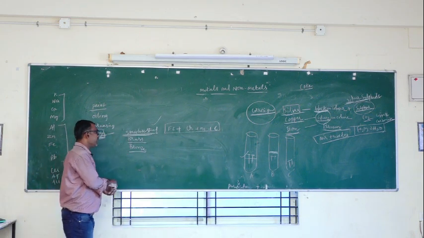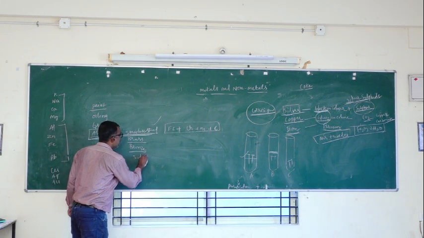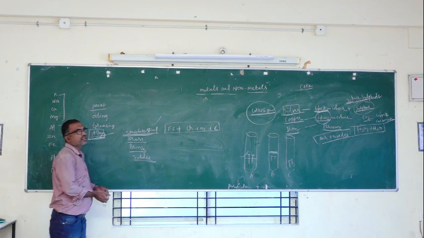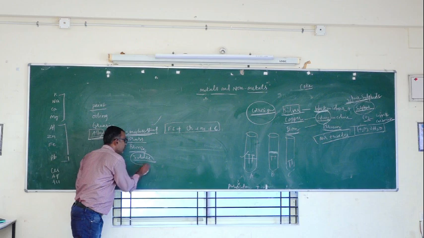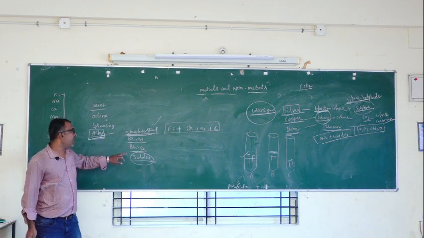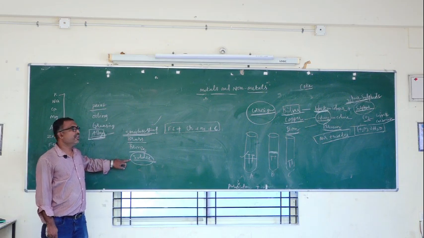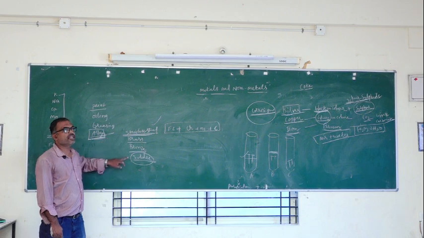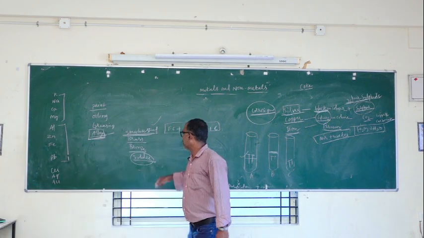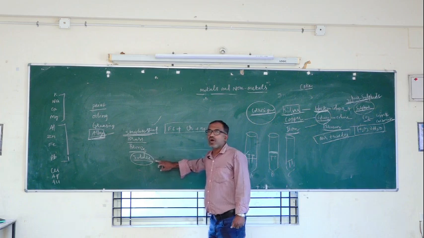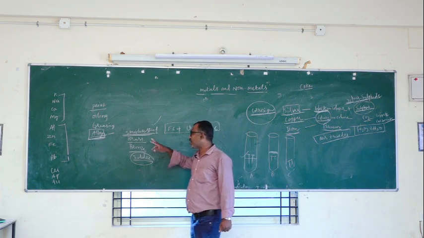Another example they have given is solder. They are going to ask why solder is used in the jointing or connecting of electrical appliances. Solder, because of its low melting point. The solder is an alloy.